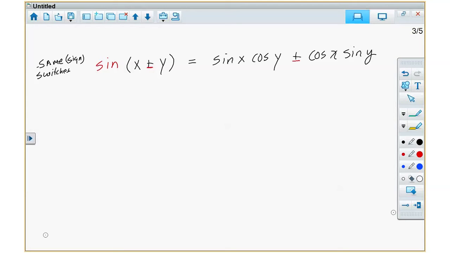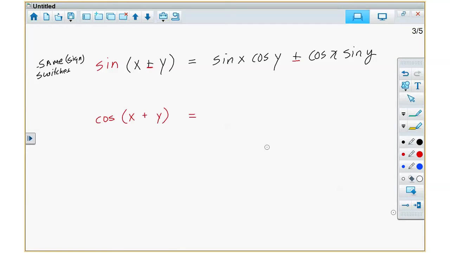Okay, so I'm trying to relate that. So I'll do it in red. Cosine doesn't work the same way. Cosine is kind of opposite. It doesn't stay with the same sign, and it doesn't like to mix. All right, so it's kind of segregated.